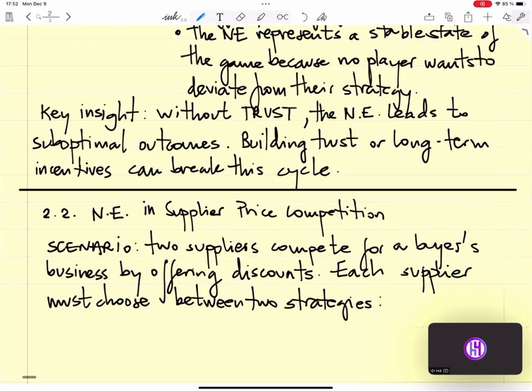L, which means low price, and H, high price. Okay.